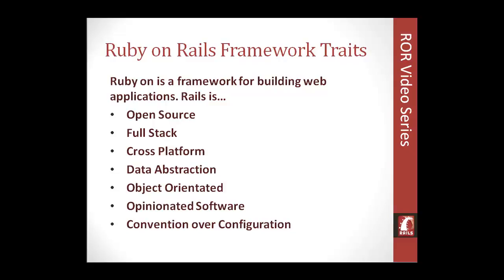Data abstraction. It allows us to interact with the database, whether it's Postgres like we're using, or MySQL or SQLite. We can interact with those databases without having to do the low-level SQL work.